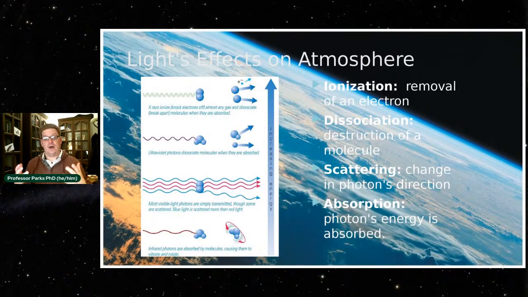I'm thinking about ozone, for example. Ozone is composed of 3 atoms of oxygen. When it breaks up, typically you get a single oxygen atom flying out this way, and then an oxygen molecule, O2, flying off in the other direction. That's called dissociation. When you destroy the molecule, you dissociate it.